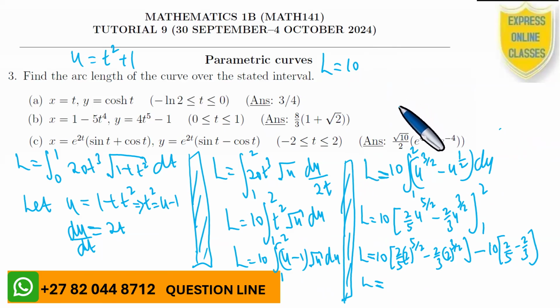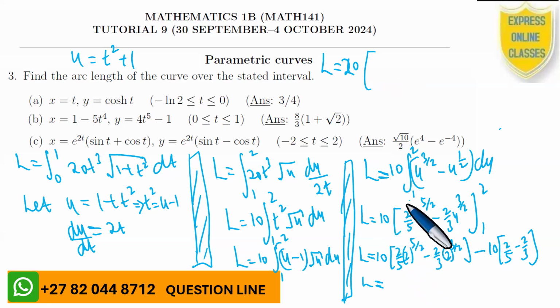So what we then can do is to extract 2 as a common factor. 2 by 10 would give us exactly 20. And then you have this, which is 2 to the power 5 out of 2.